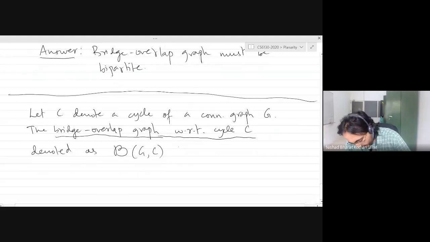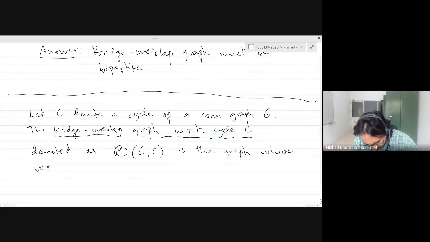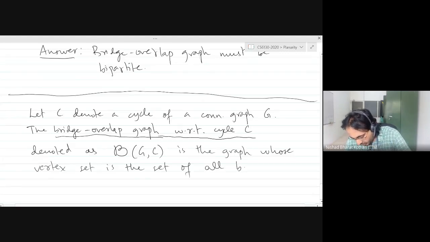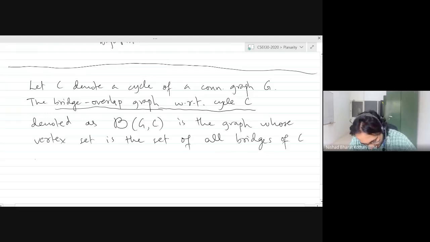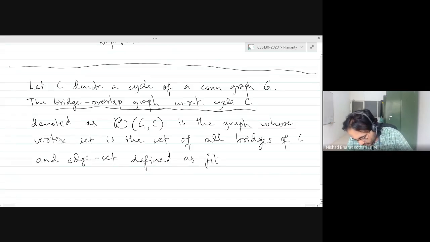This is a graph whose vertex set is the set of all bridges of the cycle. So each bridge will become a vertex in your new graph, and the edge set is defined as follows.